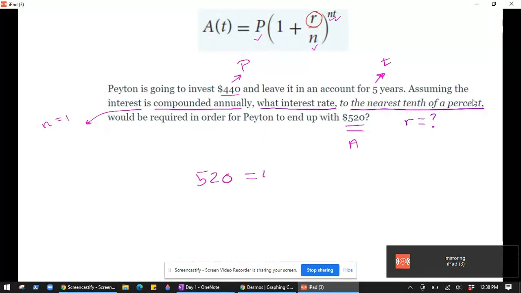Our principal is $440. 1 plus, we don't know the interest rate, divided by n, which is 1, to the 1 times 5.